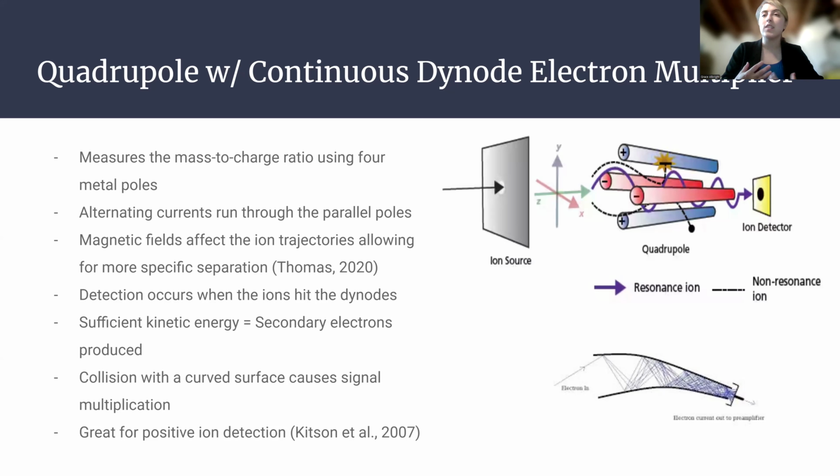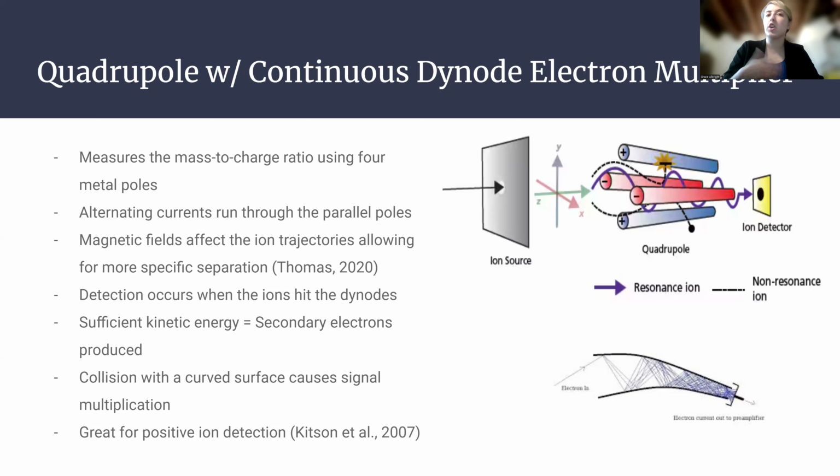Any ions that don't necessarily match or work for the type of m/z calibrations that they made for the fields are basically just going to be deflected away from the ion detector, and only those specific ones are going to reach the detector. But the detection will occur when the ions hit the dynodes. If there's sufficient kinetic energy in those ions, then secondary electrons are going to be produced and continue on creating this electron cascade.